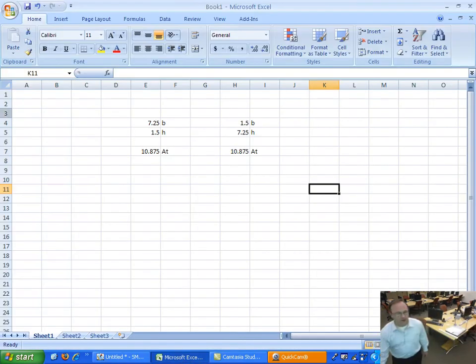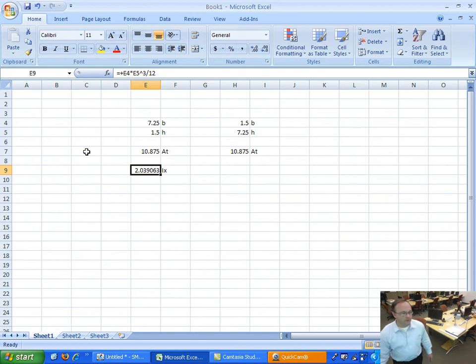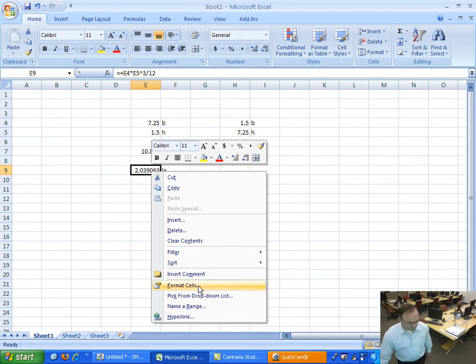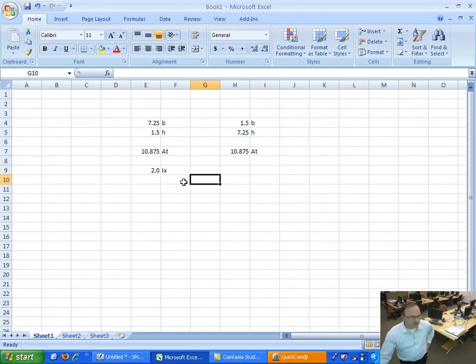So if we go back now and figure out Ix, which is equal to base times height cubed divided by 12, I'm going to format this number to 1 decimal place.